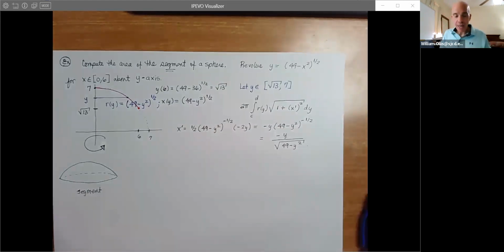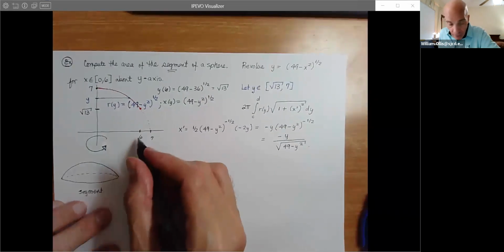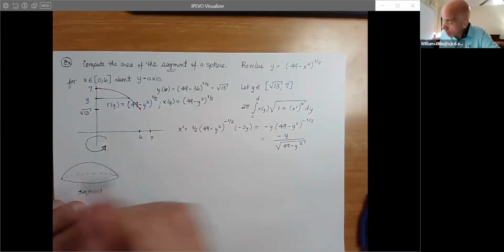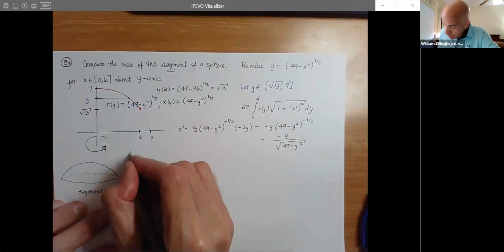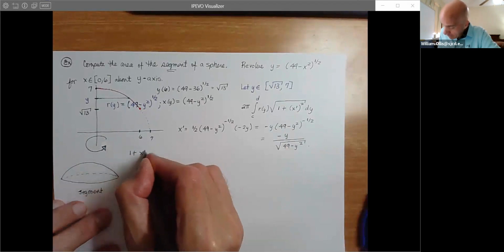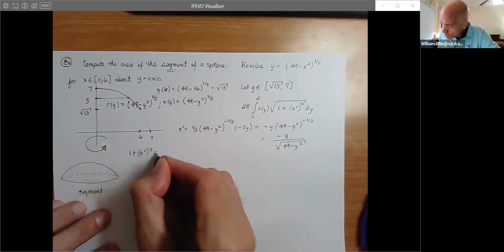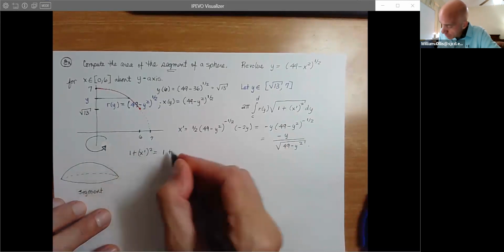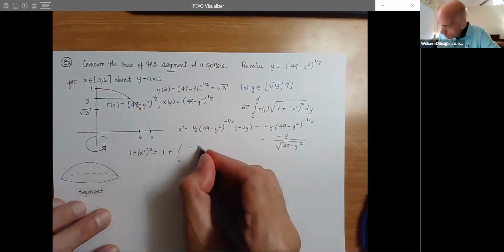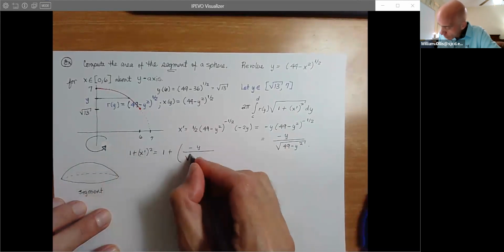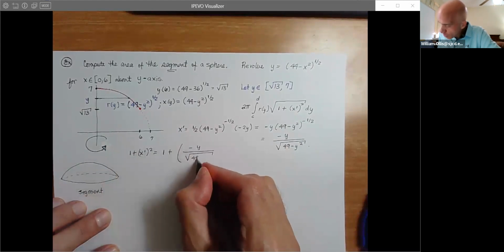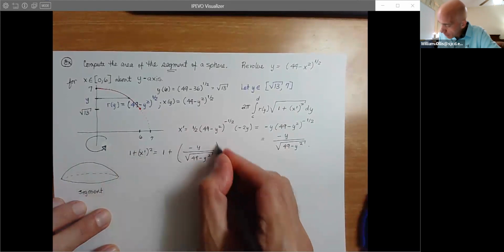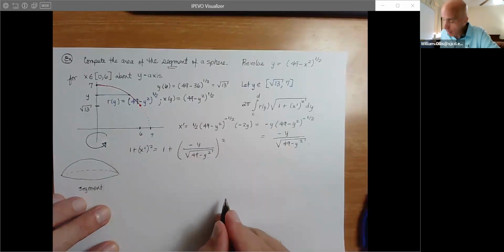So now let's go ahead and compute, in this case, the 1 plus x prime squared. So we get 1 plus negative y square root. Now, a lot of times you can do this in your head, but it's good to go ahead and write this out for now, just to have something to check.